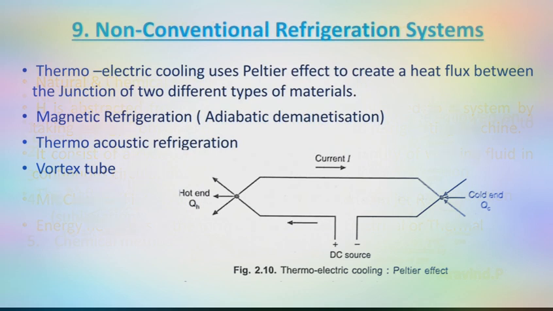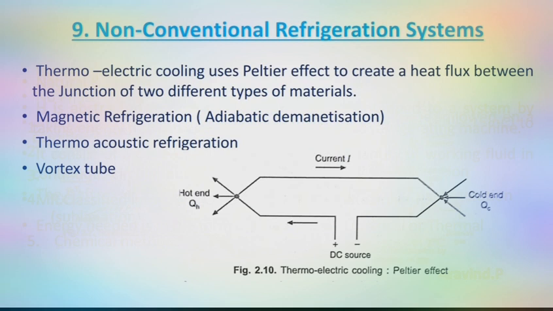The first one is thermoelectric cooling, which uses the Peltier effect to create a heat flux between the junctions of two different types of materials, shown in figure 2.10. Direct current is passed through an electrical junction between these unlike materials, that is metals, and heating and cooling effects are produced.